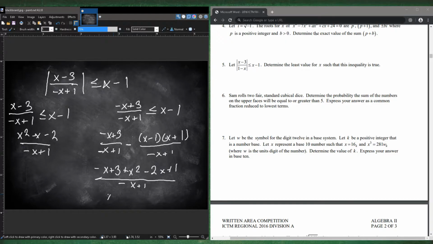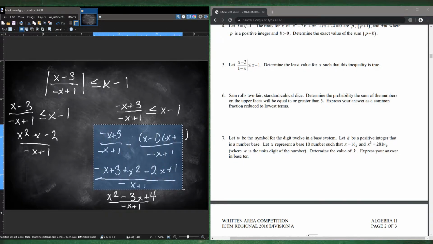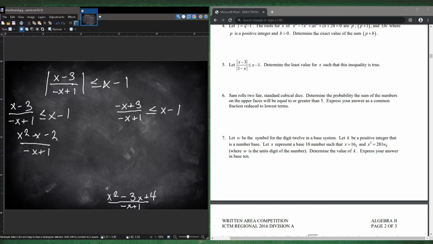So this simplifies to x squared minus 3x plus 4, over negative x plus 1. So let's delete this because we don't need that anymore, since we're just trying to simplify.